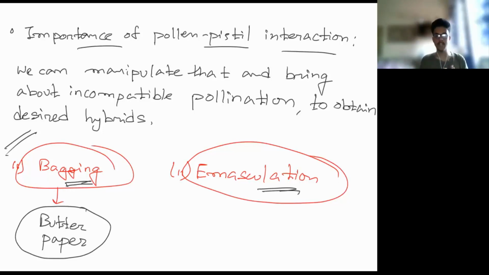Next, we proceeded to pollen-pistil interaction, where we discussed whether a pollen is compatible or not, then the development of the pollen tube through the style to the ovary, how it enters through the ovule and then through the embryo sac. We discussed the total of pollen-pistil interaction. And next, we discussed bagging and emasculation, which play a critical role in artificial hybridization techniques.